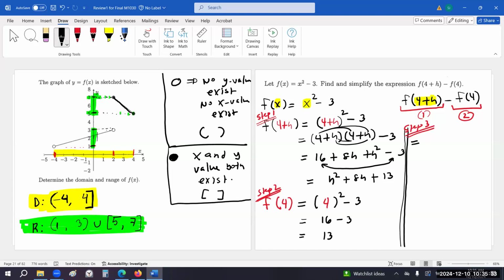F of 4 plus h we found is h squared plus 8h plus 13. F of 4 we found is 13. So combining like terms, what happens? They cancel out. So we have h squared plus 8h.